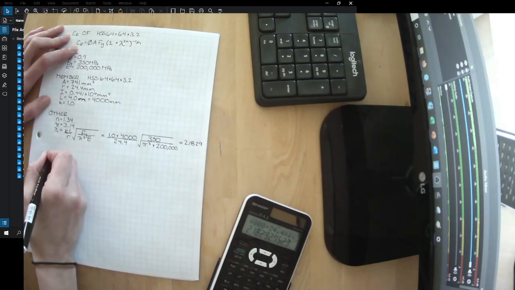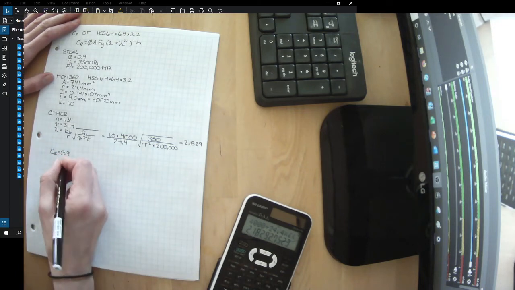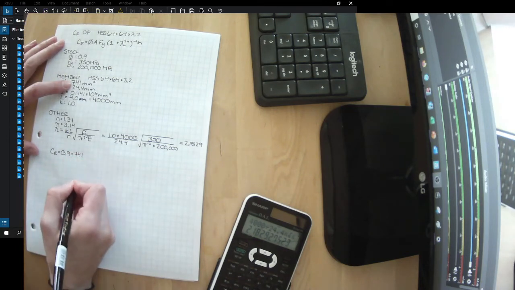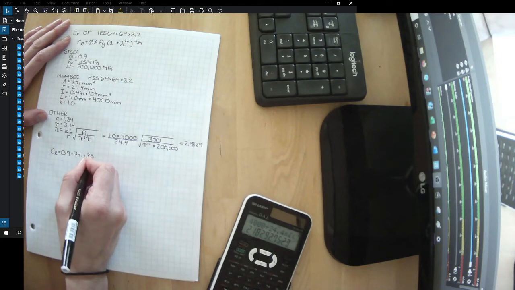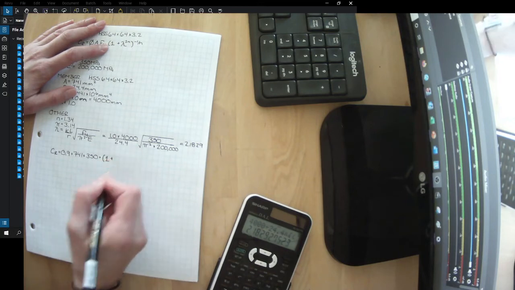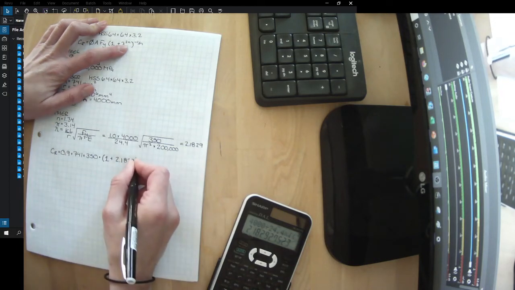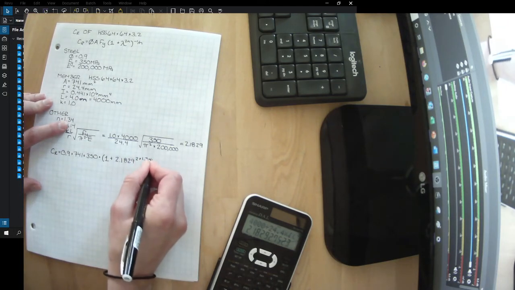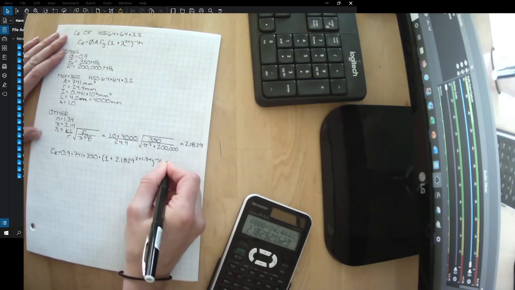So we have Cr equals our reduction factor, which is 0.9, times our area, which we've looked up in our member properties of 741, times our yield stress, which is 350 MPa, times 1 plus lambda, which was 2.1829, to the power of 2 times, well, we know that n is 1.34, and then all of that is to the power of minus 1 divided by n, or 1.34.